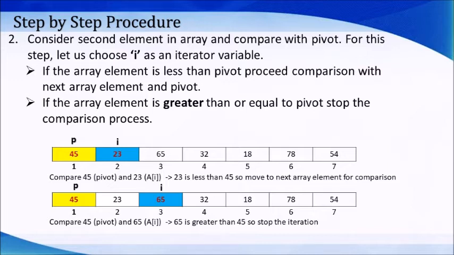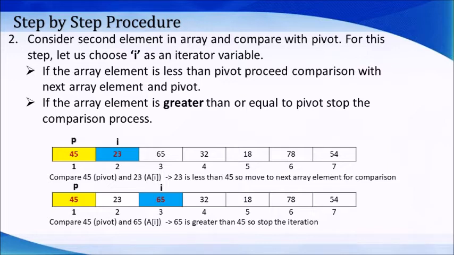So I started i at index 2, that is the second value of the array. Now I am comparing the value of the pivot and A[i], that is the array element at the ith index. So 45 and 23. 23 is less than 45.